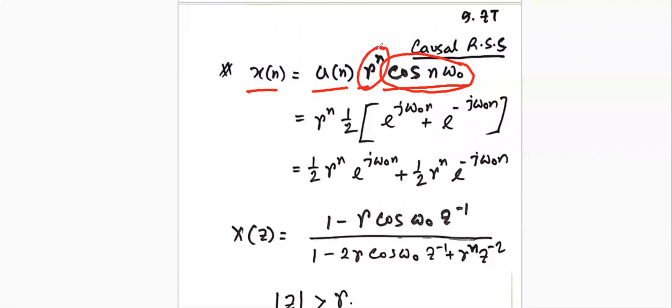Again, the question is, what would be the value of r? It can be any value, more than 1 or less than 1, and then it is multiplied with un. So again, this is a right-sided sequence.